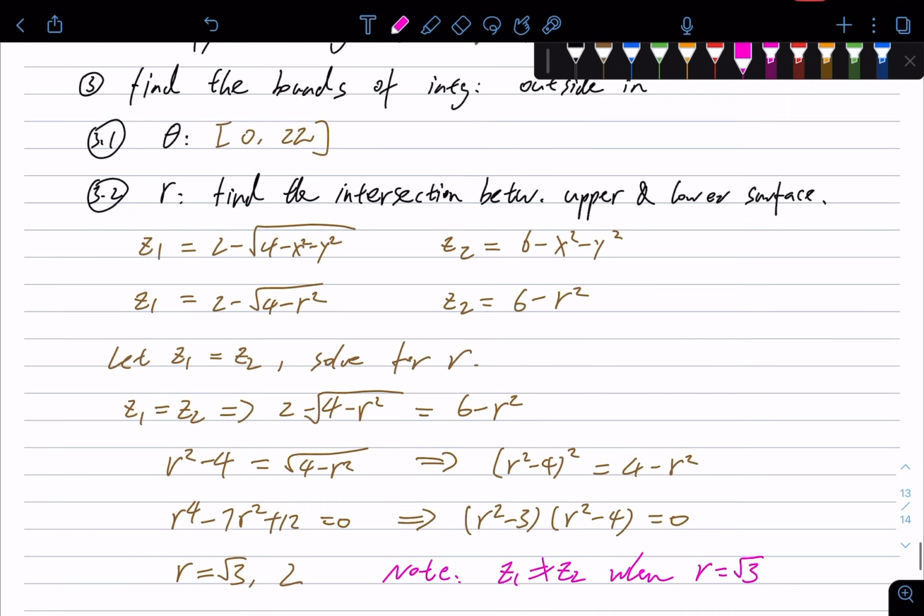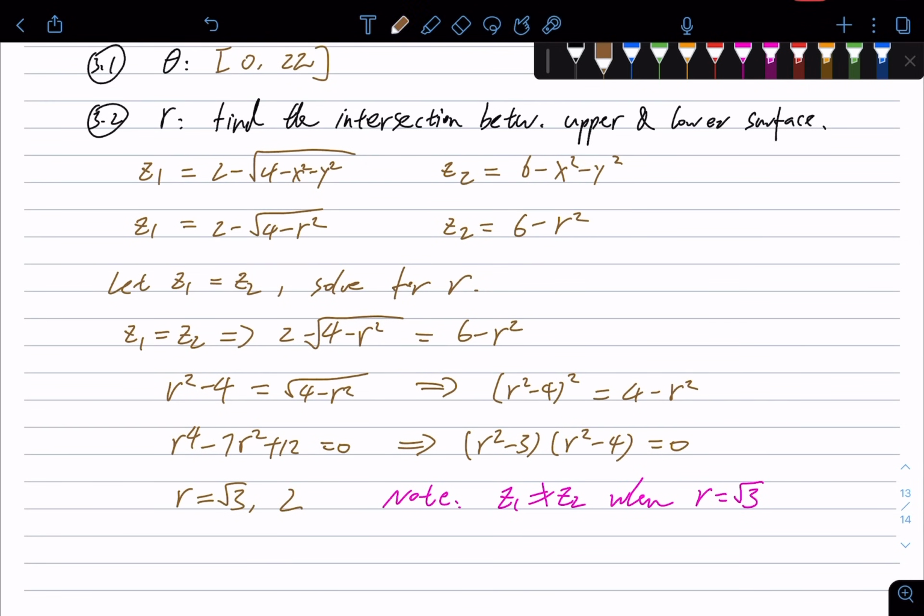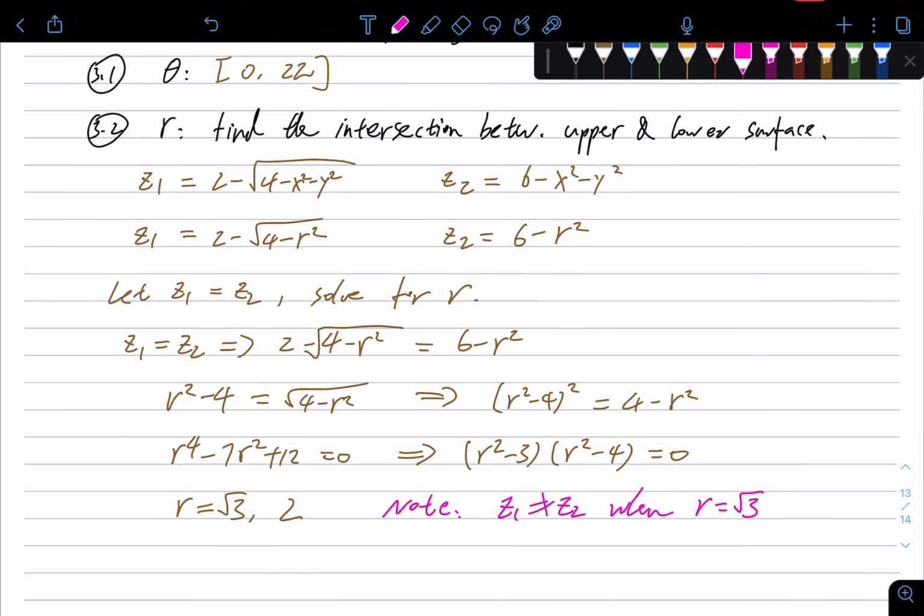So let's go ahead and try that, right? By looking at this equation, 2 minus the square root of 4 minus 3 equals 6 minus 3.